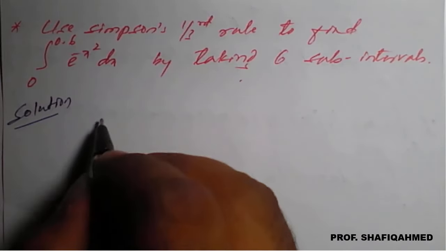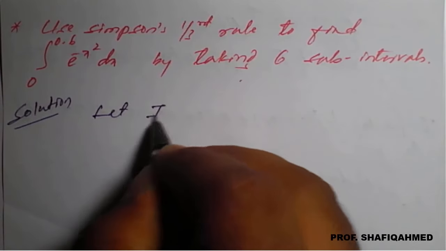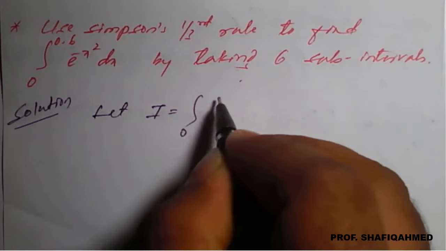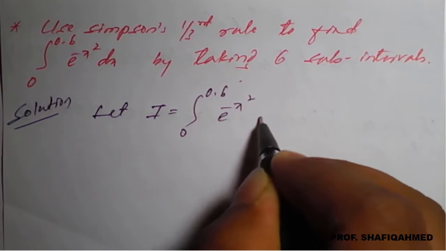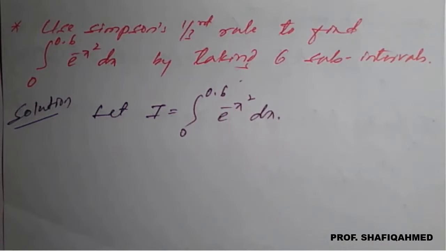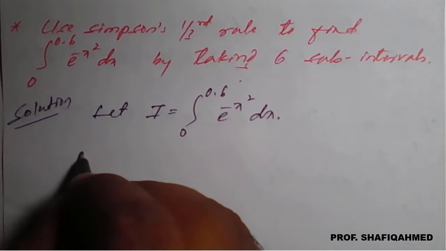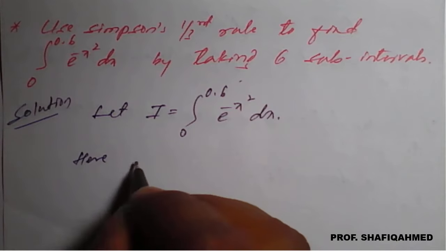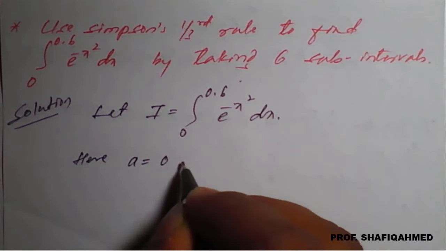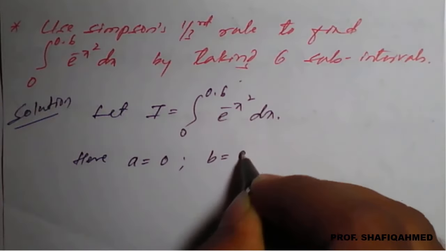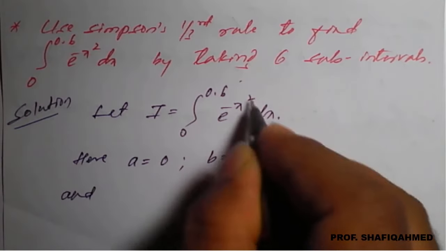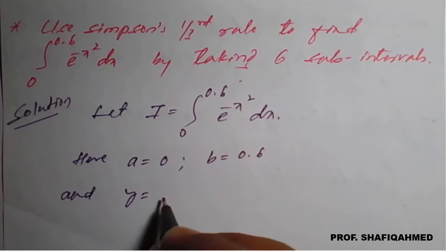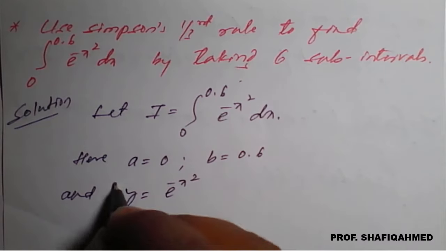So the given integral, let I be equal to the integration of 0 to 0.6 e raised to minus x square dx. Here we first need to identify what is a value: a is 0, b is 0.6, and the value of y is e raised to minus x square.